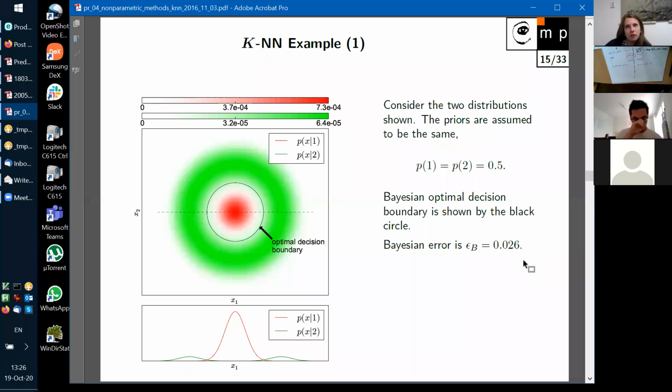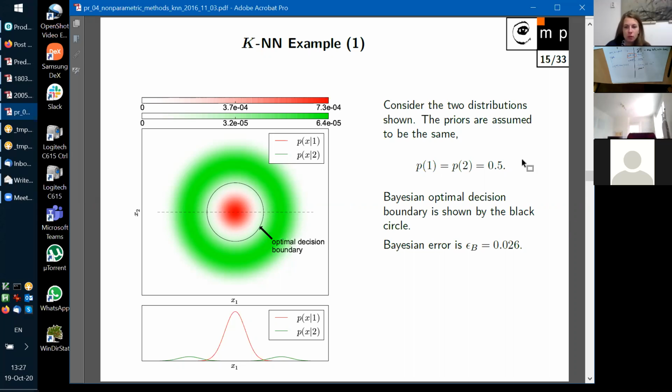Anyone remember? Alexei had something about the error, and we'll touch that as well. Yeah, there's a problem with the error of the nearest neighbor, but we'll come back to that. So, anyone remember what the Bayesian error of a classifier is? This is the error of the optimal classifier according to the Bayesian decision task.